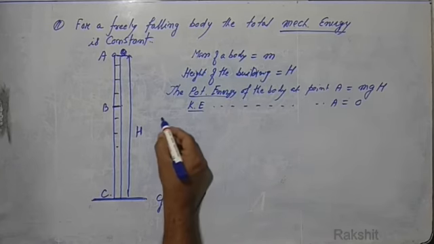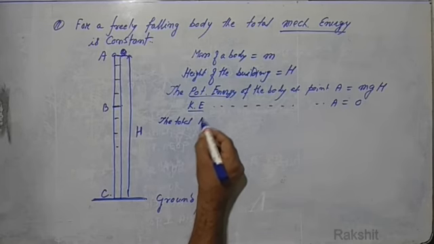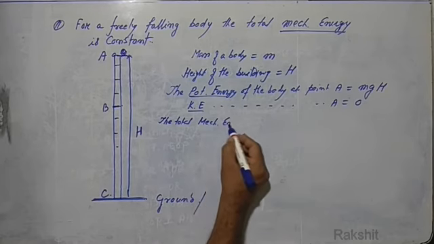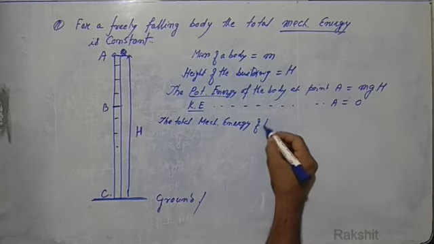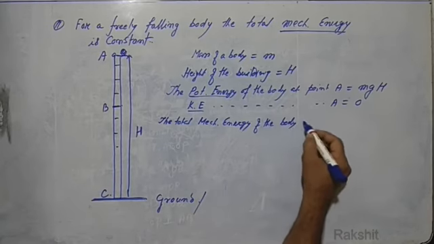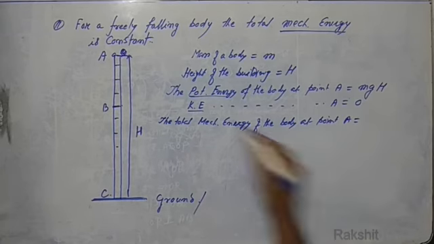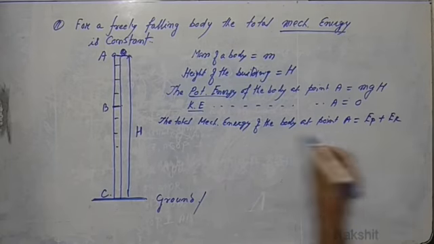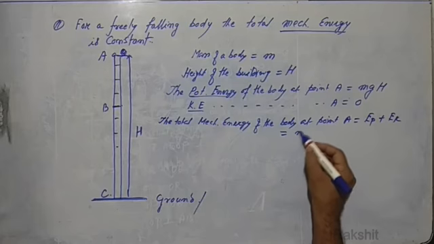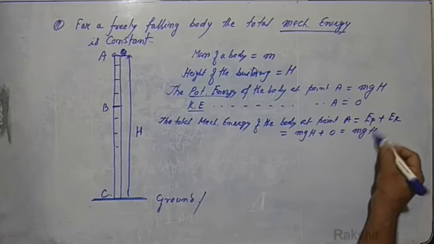So we can say the total mechanical energy of the body at point A is equal to potential energy plus kinetic energy, EP plus EK, is equal to mgH plus 0, is equal to mgH.